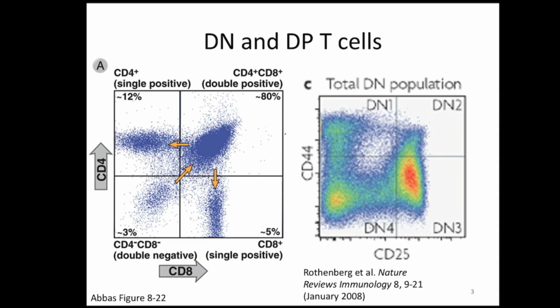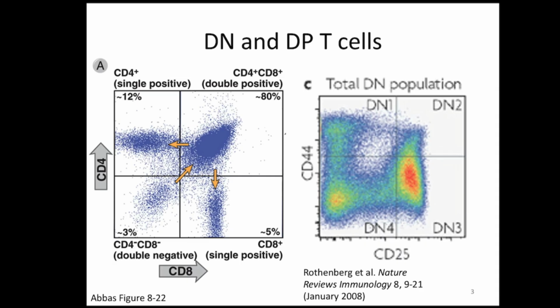And so what we now know is that we can look at the double negative cells using CD25 on one axis and CD44 on the other axis. I will probably mention CD25 later on in a few lectures. We may hear about CD25 again. CD25 is actually pretty important.